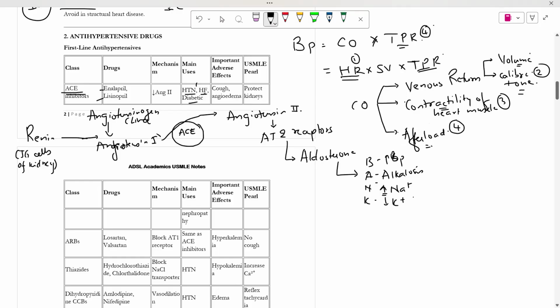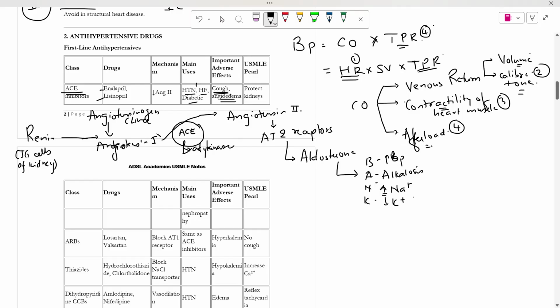Now, what we need to remember is that ACE is also a bradykininase. So if you inhibit this, it can cause cough, a chronic cough. Apart from that, it can also cause angioedema, which is an important side effect.